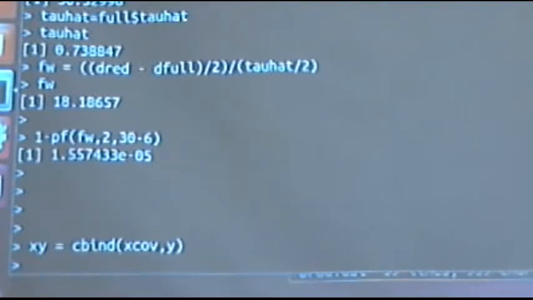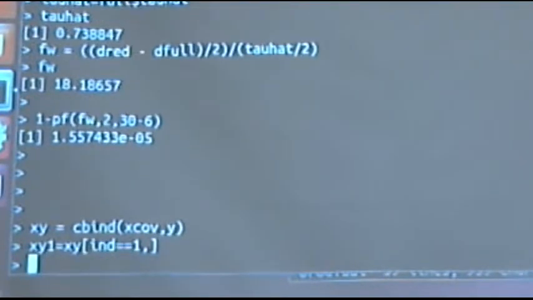Okay, so then I want xy1. It would just be xy, and I just want the rows with ID equal to the points. And then xy2, and I want the rows with ID equal to 2. So you have to have a double equal.